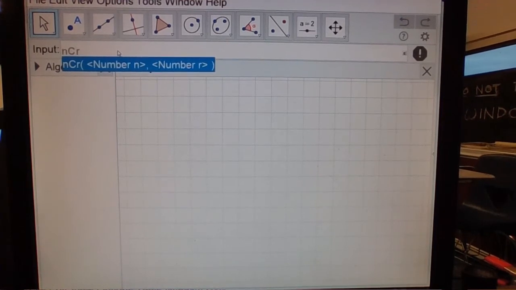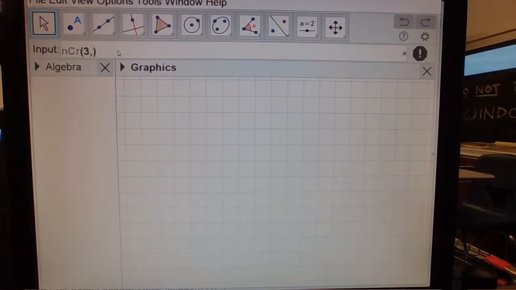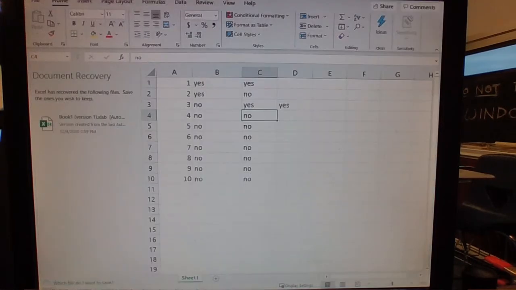And then I just have to say what is my n number. So I put in parentheses my number n, which is my trials, and then how many I'm choosing. And you see that gives me 3. Okay, so there's 3 different ways to do the situation of 3 flips and get 2 heads. Okay. So that gives you some different options with your calculators. If we are in Excel, what is real nice about Excel?